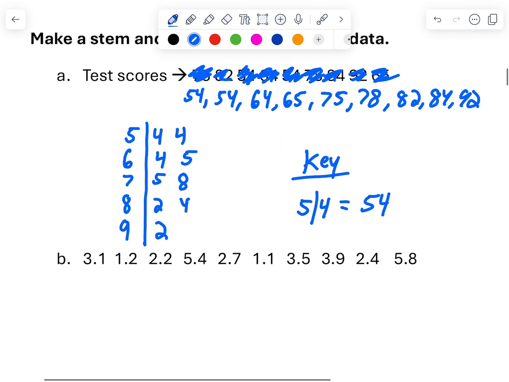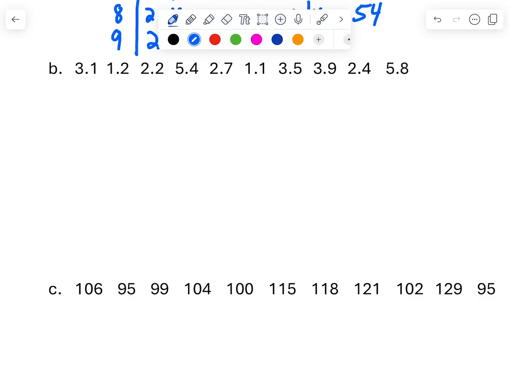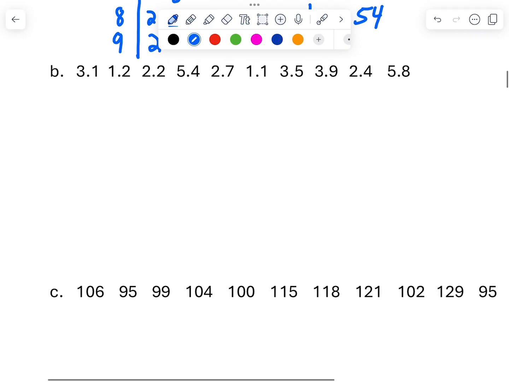5, line 4 means 54. Okay, you can see how that's different in example B here because we have decimals now. So we're going to have to tell the reader how to read a decimal number. Again, I would start by putting them in order from least to greatest.